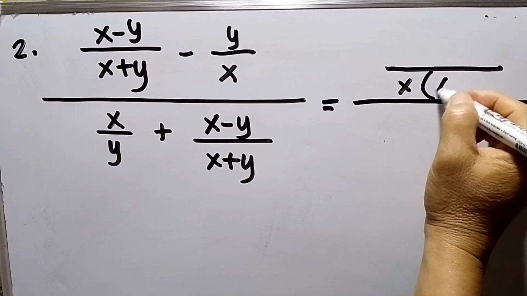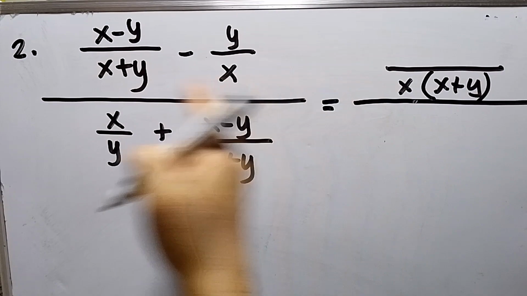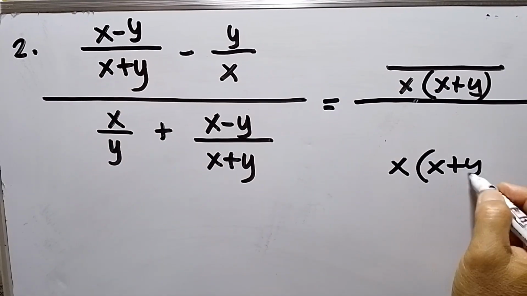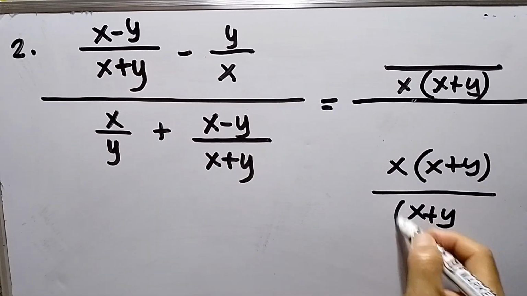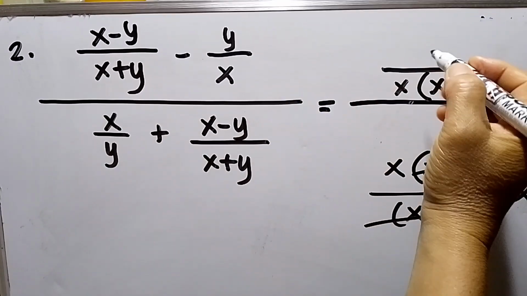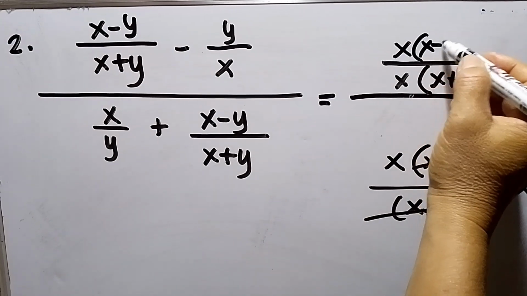So the LCD will be x plus y. Then this one is divided by the first denominator, so x plus y divided by x plus y will be crossed out. So I have x, and then multiply by the numerator, which is x minus y.